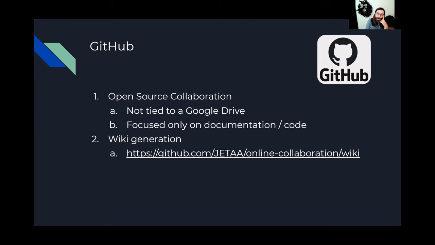And what we can do is pass ownership around. Currently the owner of this GitHub location or space is the country rep at JETAAUSA.com email. But at some point we can add owners, whoever wants to join.